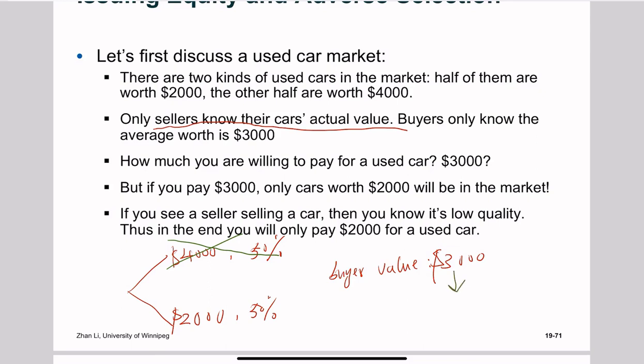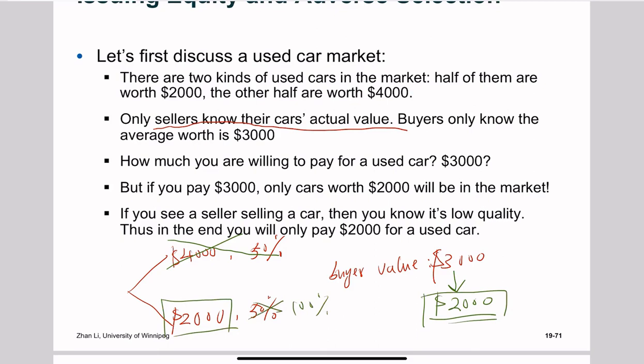So $3,000 will drop to $2,000 because buyers understand, hey, if I give this seller $3,000, then this seller cannot sell a $4,000 car to me. So if I pay $3,000, I would definitely get a car whose worth is only $2,000, right? So in this case, why should I pay $3,000? I should definitely only pay $2,000. So you can see what's the end result. In the end, only $2,000 cars will be in the market.